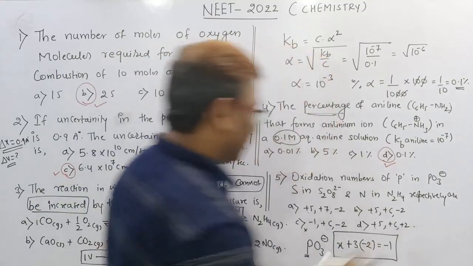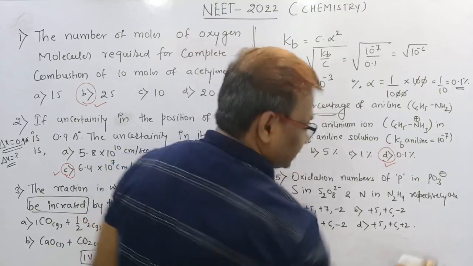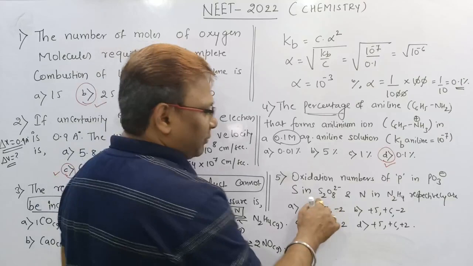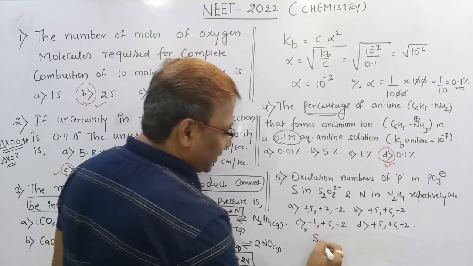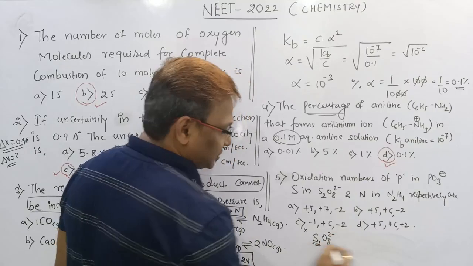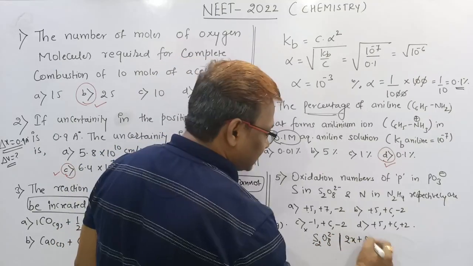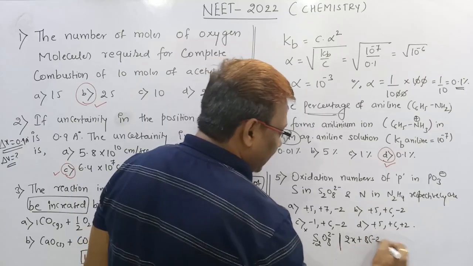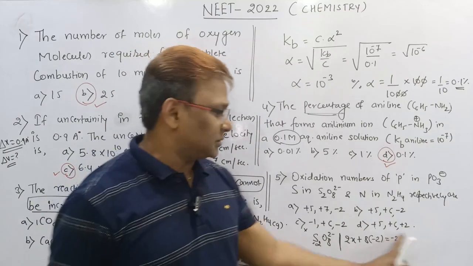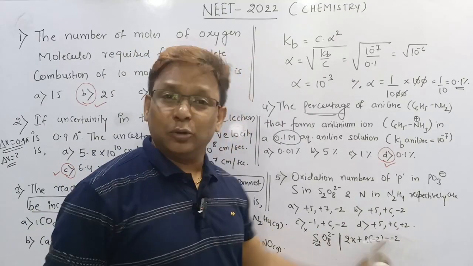Second one now. Oxidation number of sulfur in S2O8 2 minus. So I should write 2x plus oxygen 8 times minus 2 equal to minus 2. If you solve it beta, minus 16 becomes plus 16, plus 16 minus 2 becomes plus 14, divided by 2 gives plus 7.